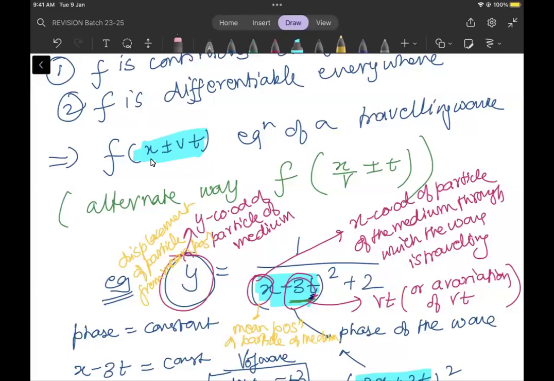Yeah, so this is the meaning of y, x, and time is t.